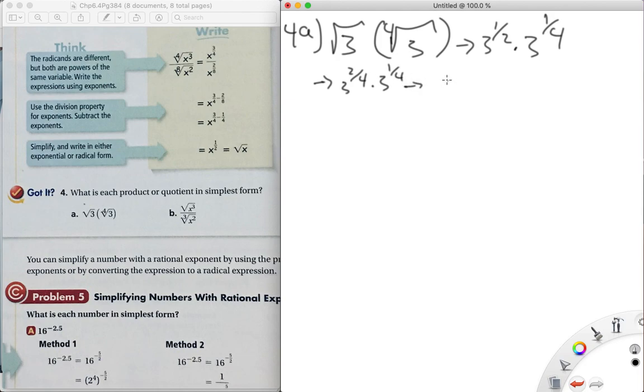Add their exponents. 2/4 plus 1/4 gets me 3 to the 3/4, which is 3 cubed to the 4th power, or you can say the 4th root of 3 raised to the 3rd power.